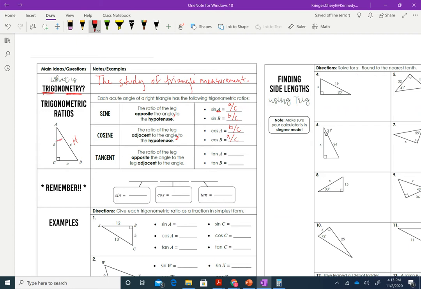If we're talking about angle A, opposite the angle would be side A, and what's next to A is B. So opposite over adjacent would be A over B. And tangent of angle B is opposite over adjacent, so that's B over A.